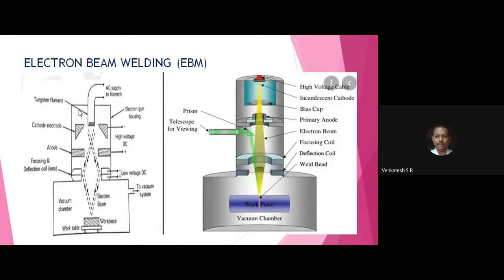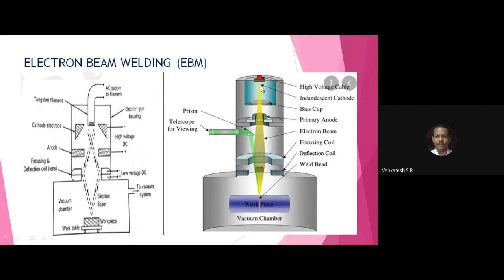applications of laser welding. Next, come to the point, all of you please write down electron beam welding, EBM, in brackets. And all of you observe here, this is the filament, tungsten filament, and if you provide voltage to this tungsten filament, it produces electrons.